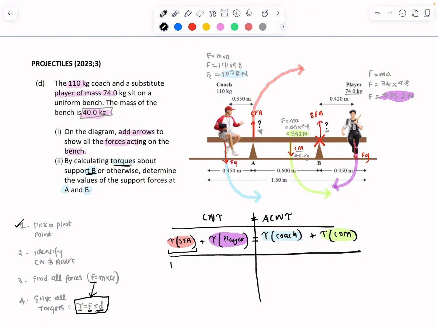So the force of support force A times its distance, okay, plus the force of the player times its distance from the pivot point. Okay, let's highlight everything.